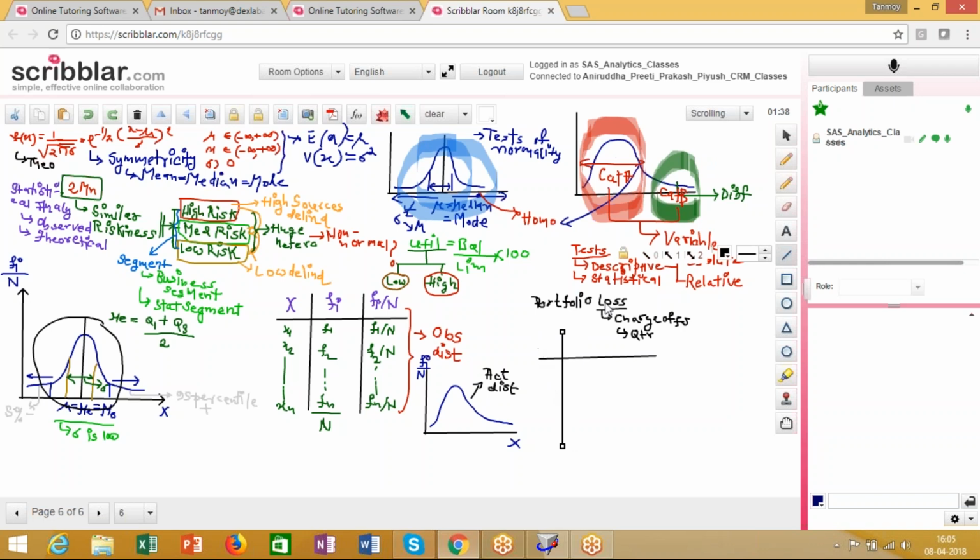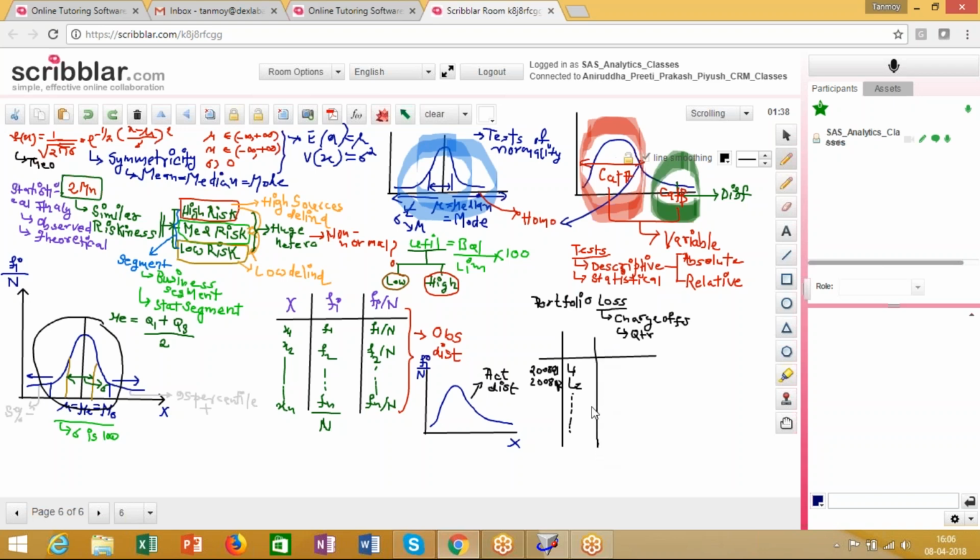So there are the quarters, say 2008 Q1, 2008 Q2, like this. So you have the relevant time periods, and you have the loss values L1, L2, like this.